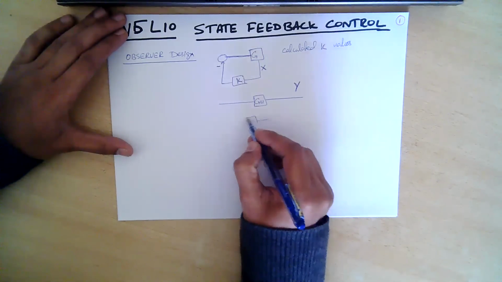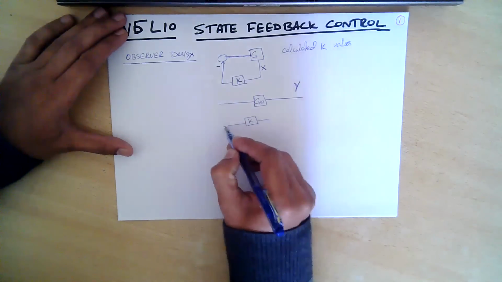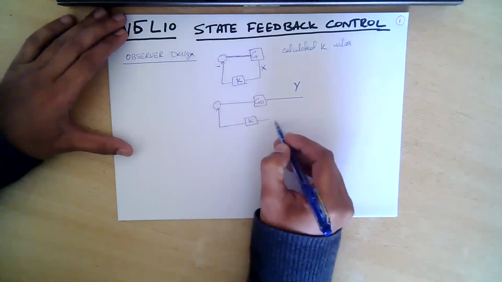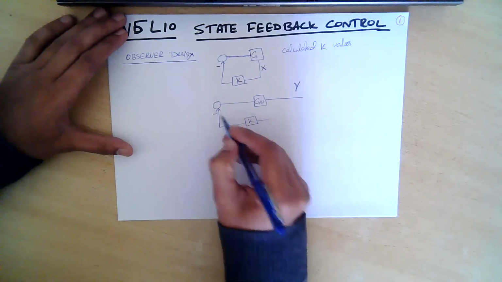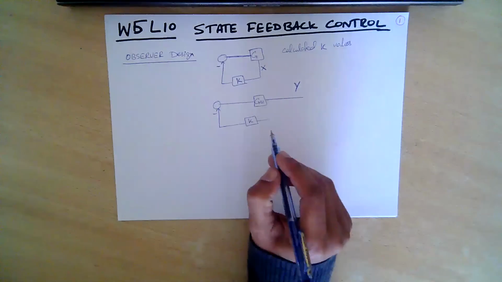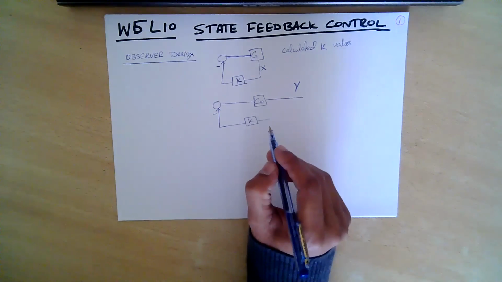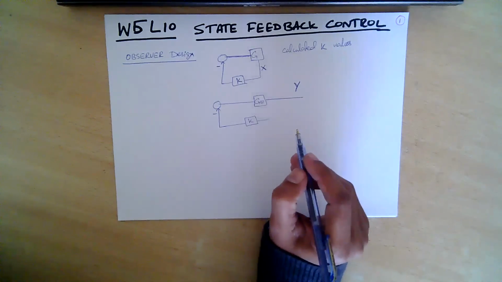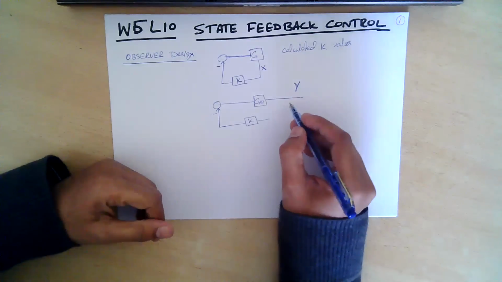We want to implement this K, and we want to multiply the states with this K, and we want to use the advantages offered by the state feedback control.